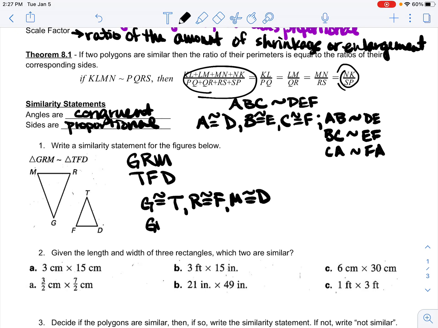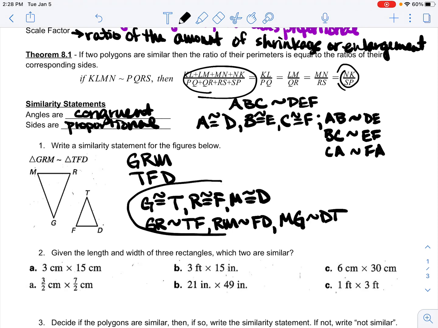So GR is similar to FT. RM is similar to FD. And MG is similar to DT. And that's your similarity statement.